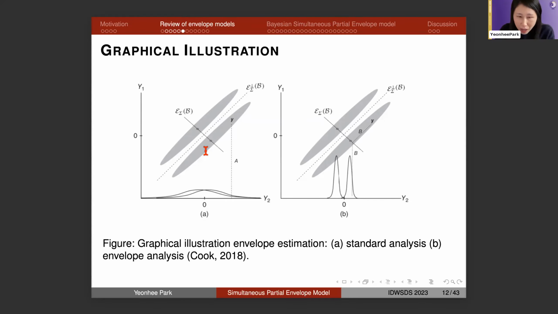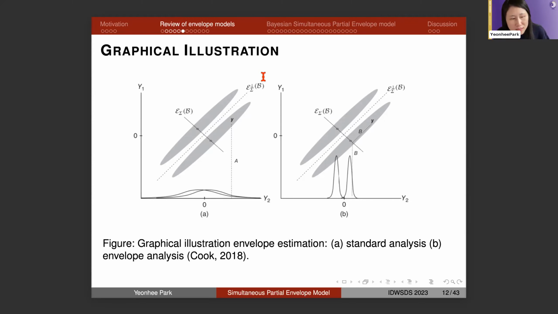Such a two-population mean difference problem can be considered in the context of linear regression, regressing y on a binary predictor indicating the group membership. So here the parameter of interest beta is mu1 minus mu2. And this directional space will be the envelope, and the orthogonal directional space will be the complement of the envelope.